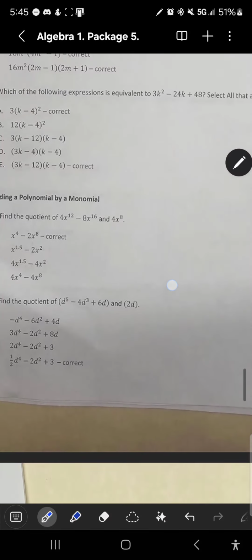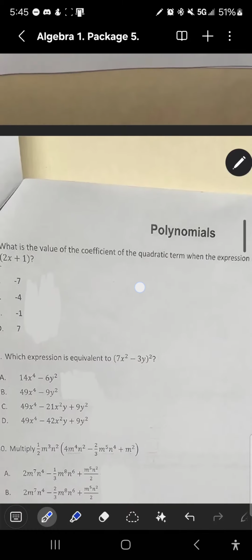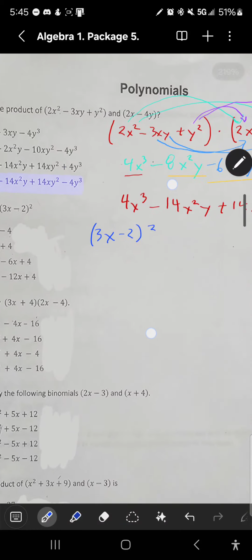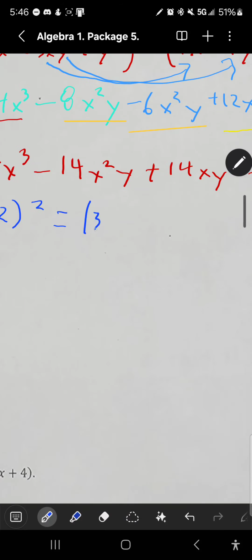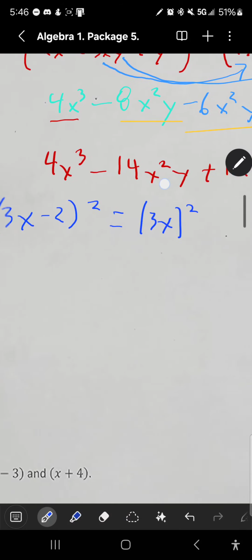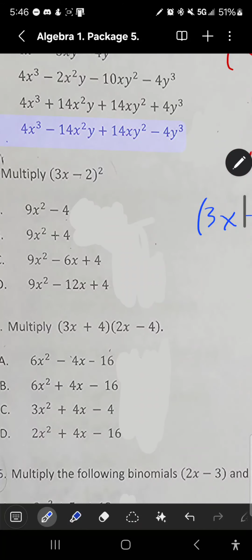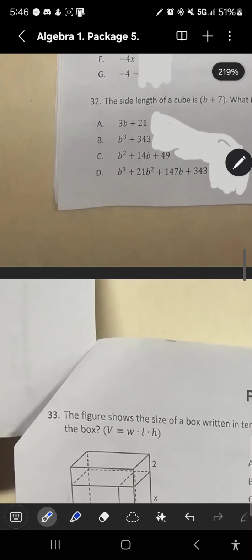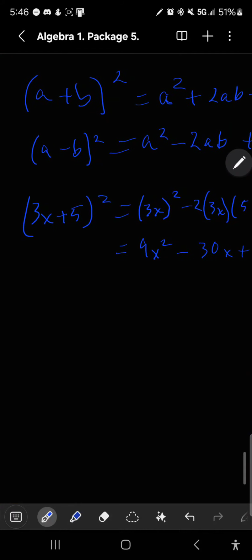So in this case, we will say 3x squared. Oh, this is a minus, so we're gonna use minus. Here I did it as a minus.